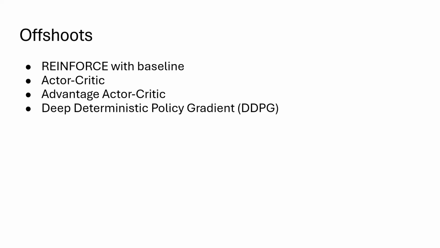Advantage actor-critic differs from this since it uses distributed learning, using parallel workers or threads to learn these value functions, or these critics, at the same time as updating the policy. Then there's DDPG, deep deterministic policy gradient methods, which extend to continuous action spaces, and they use deterministic policies rather than probabilistic ones. And these would not have been possible to create without the introduction of the REINFORCE algorithm itself.